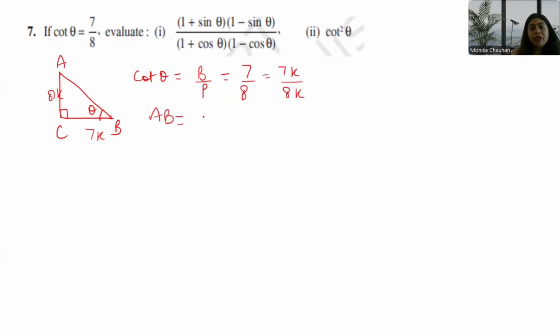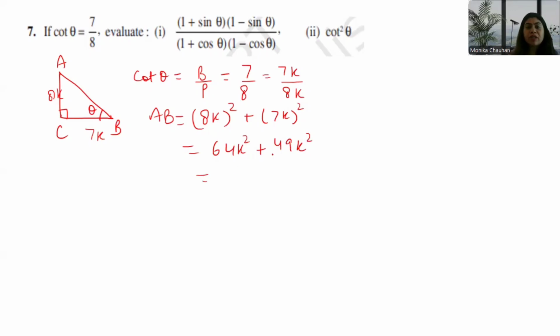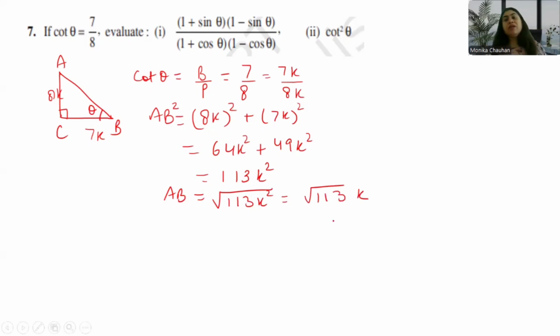So using Pythagoras theorem, AB square is 8K square plus 7K square, which is 64K square plus 49K square, which is equal to 113K square. I forgot to write AB square. So AB is equal to the square root of 113K square, which is root 113 K. Now AB is root 113 K.